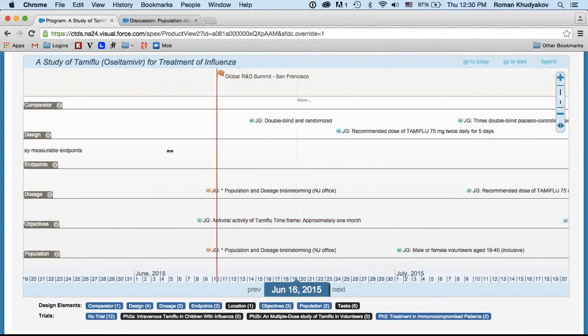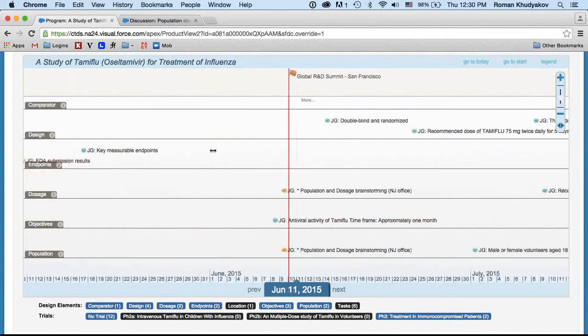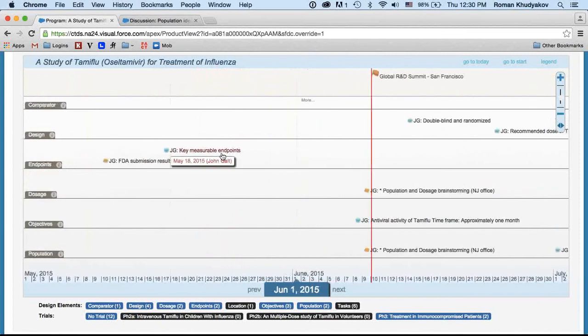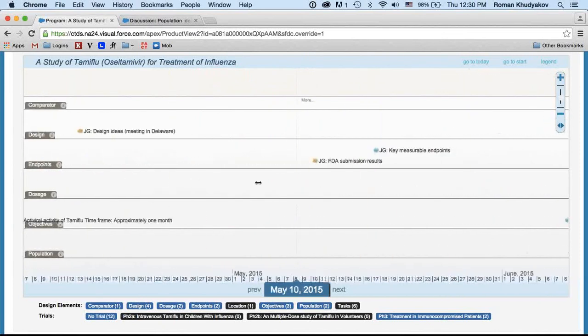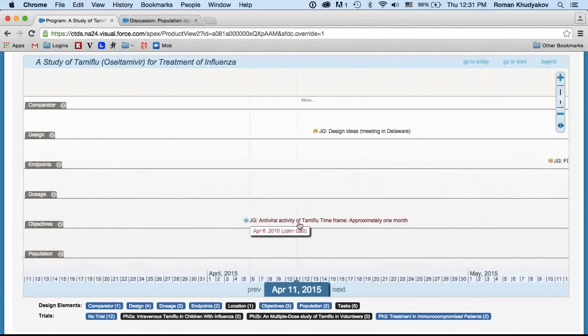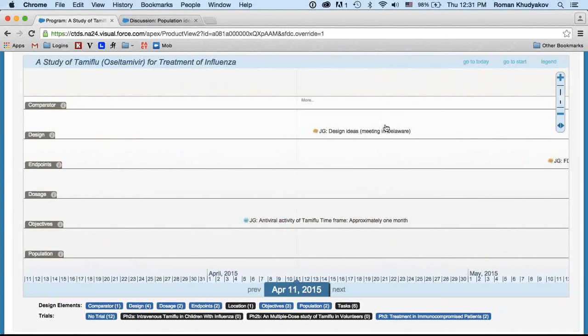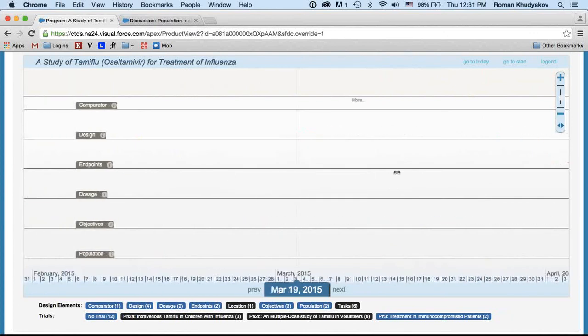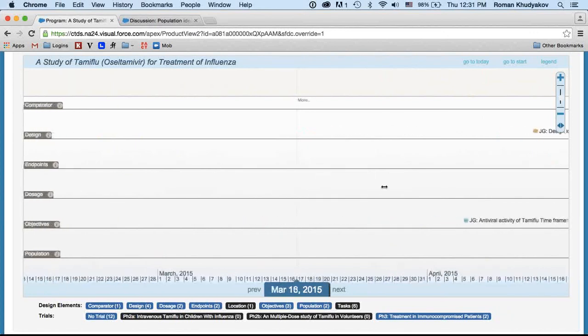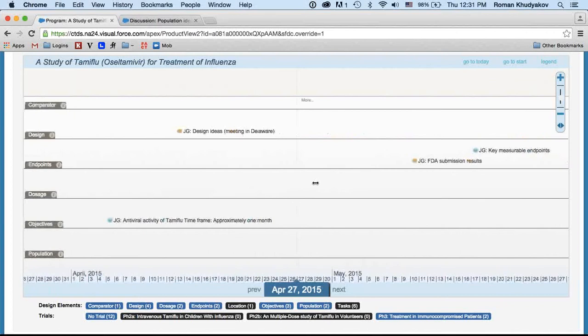So if you look at, let's say, the endpoints lane, you can see that there was a decision made on May 18, or I can scroll back in time. In the objectives lane, I can see that a decision was made back in April this year, and it can go down to, I don't know, 1 or 2 or 5 years back.